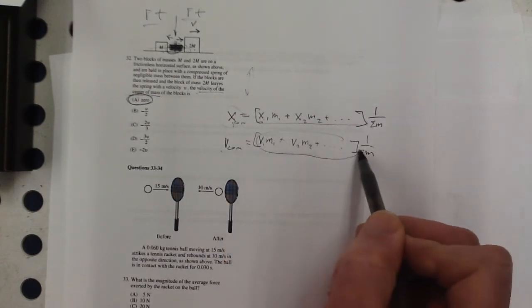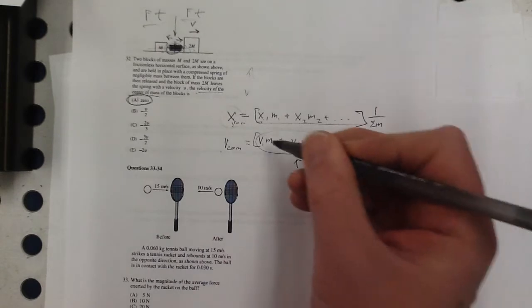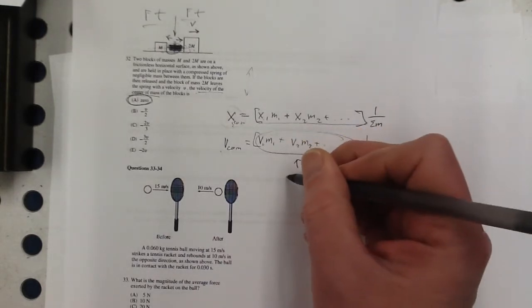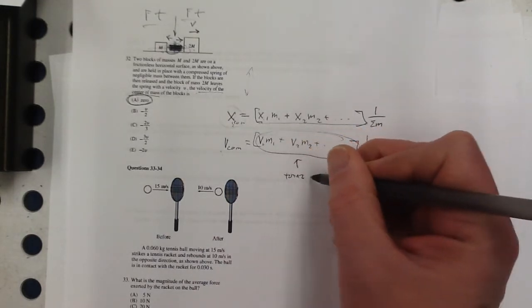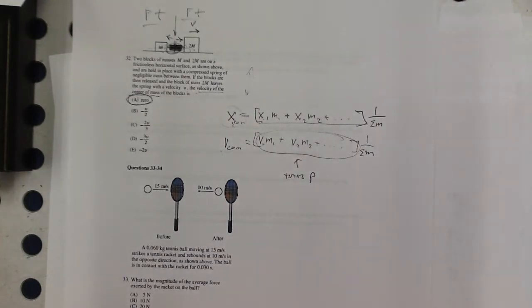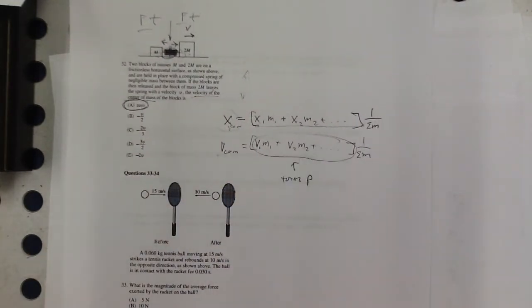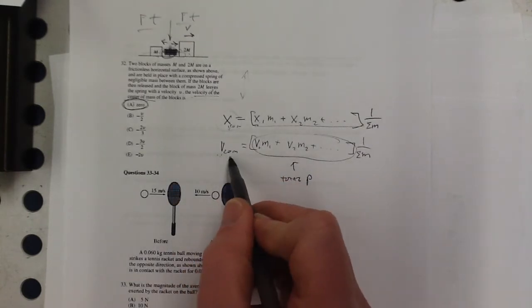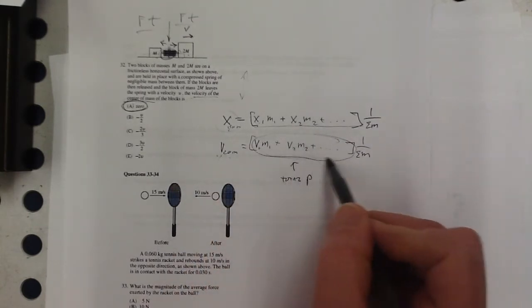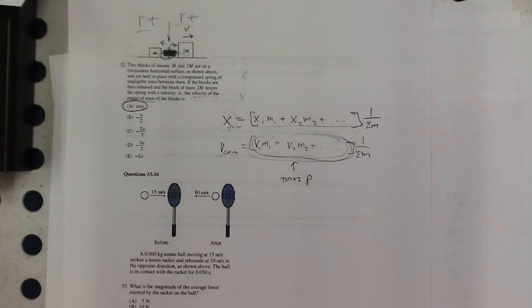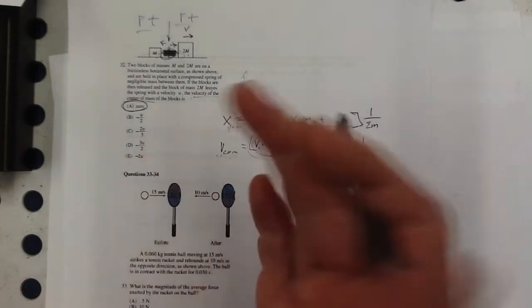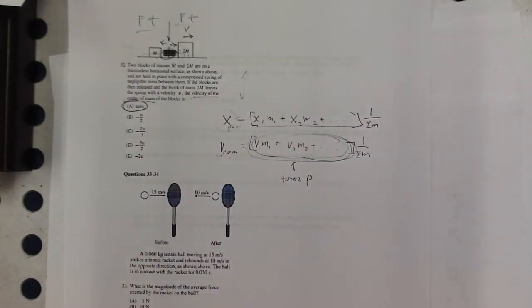But look at this. What is this expression? That's the mv for each one of the particles. That's the total momentum. And you know what happens with the total momentum in a collision or an explosion like this? It's conserved. So the velocity of the center of mass stays constant because momentum is conserved. So I don't know, maybe that's a little tricky.